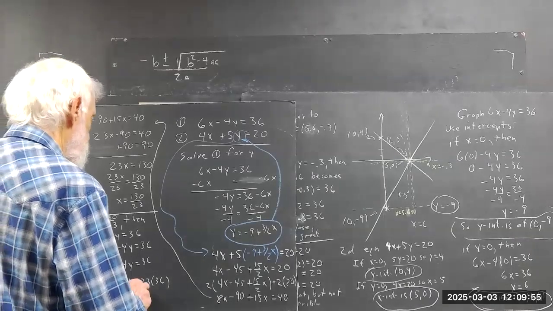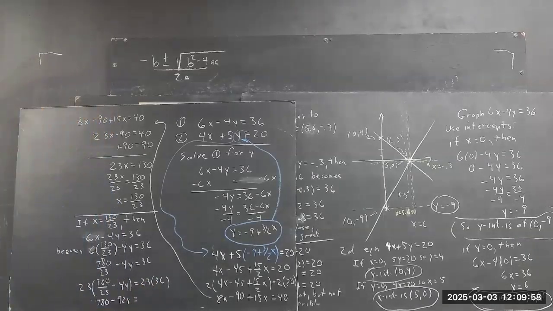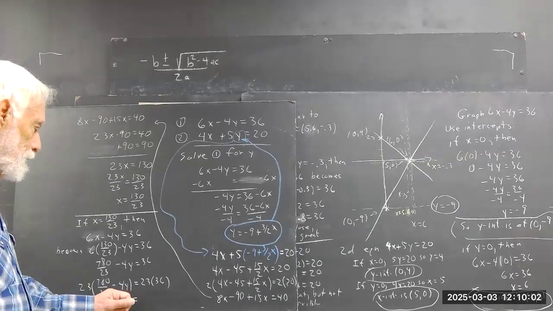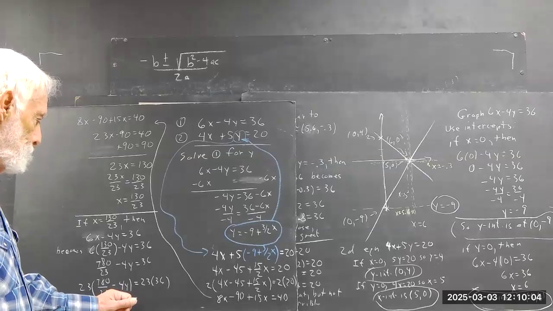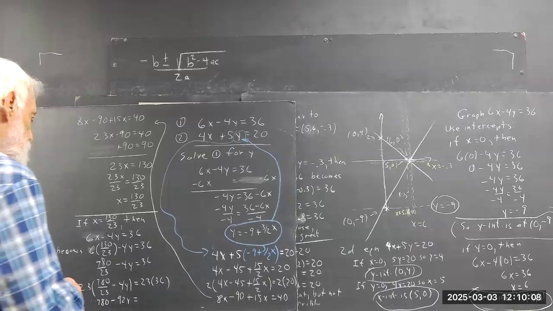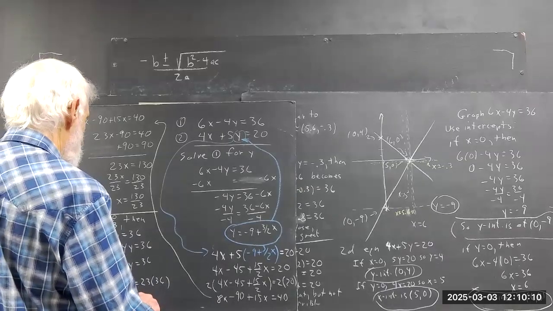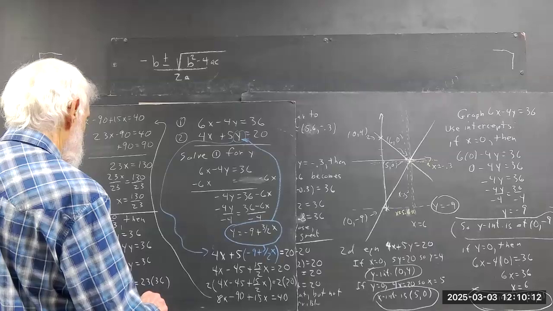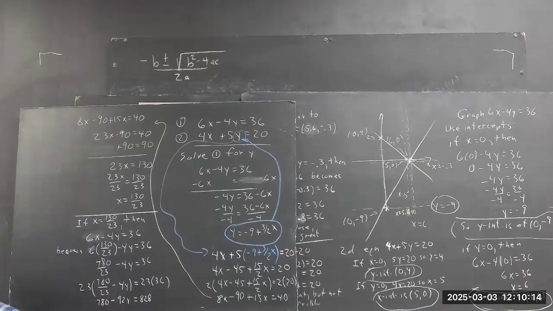And somebody quick, in their head, multiply 23 by 36. Well, I'll do it in my head. 3 times 36 is 108, and 20 times 36 is 720, so it's 828. I think.